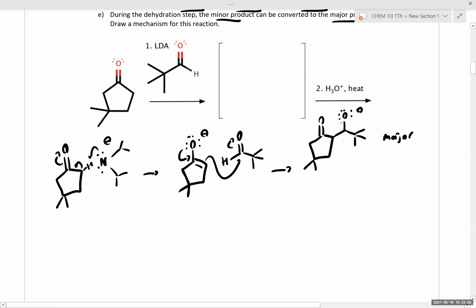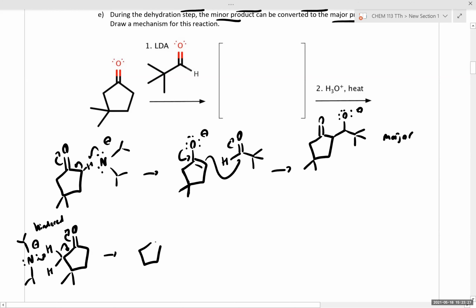In terms of our minor reaction pathway, we can try to deprotonate at our other alpha position, but this position is pretty hindered. So deprotonation gives this relatively hindered enolate.